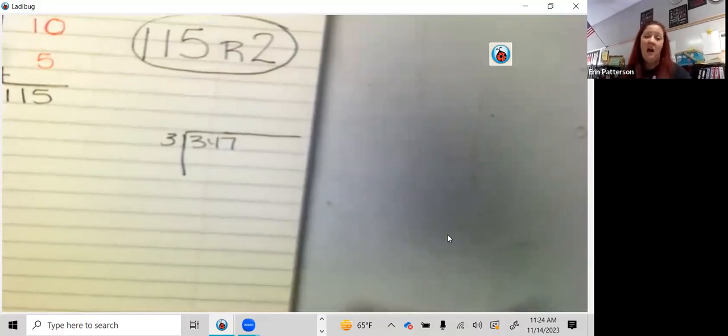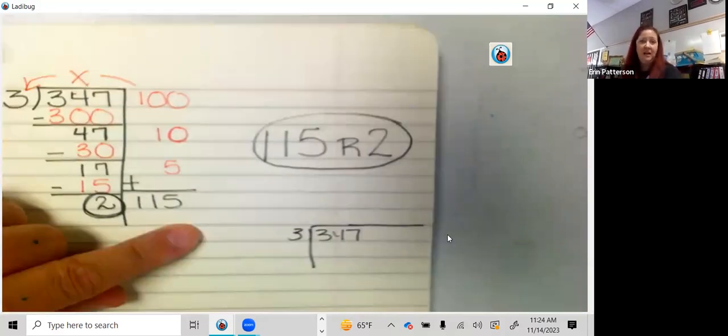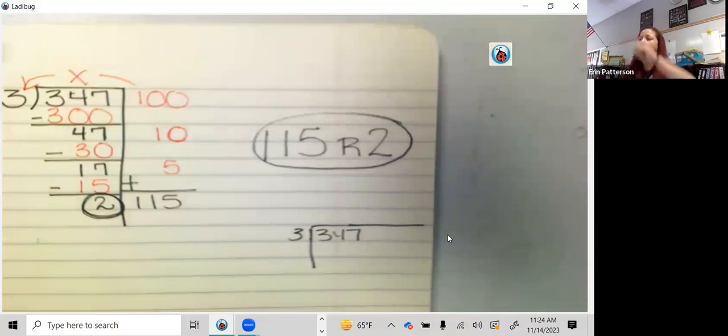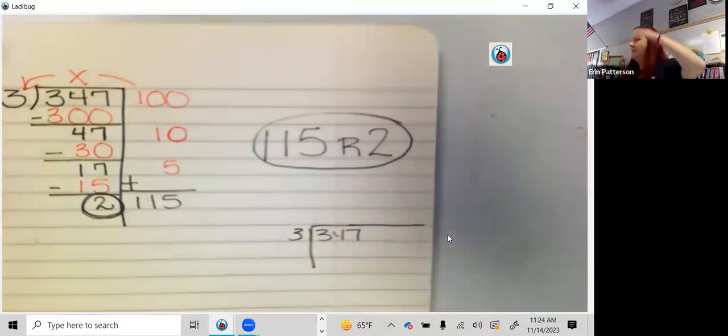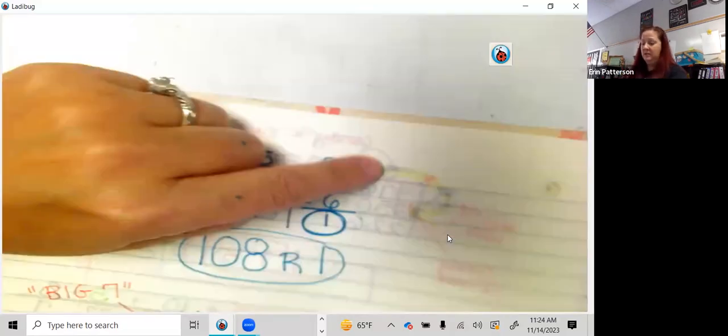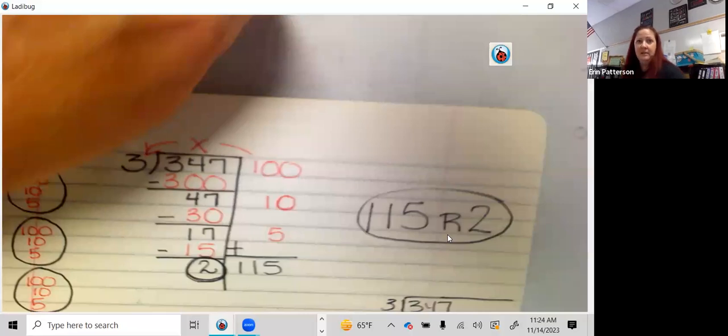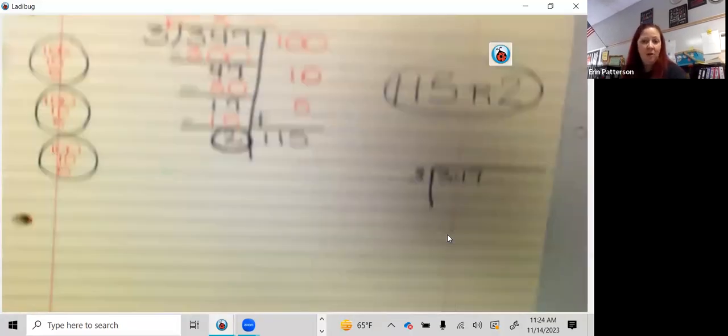There's another way you can see it where they stack them up on top instead of down the side. But no matter what, we're pulling out friendly numbers and we get parts, whether they are stacked across the top, down the side, or even up on top of this. I'll show you that one tomorrow.